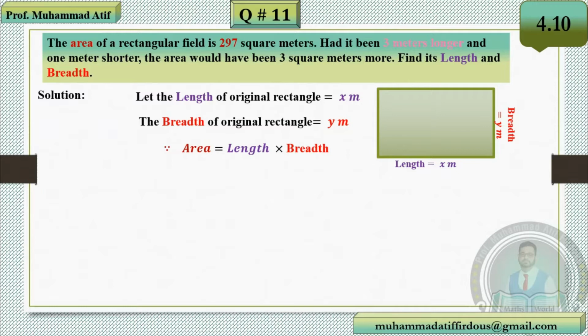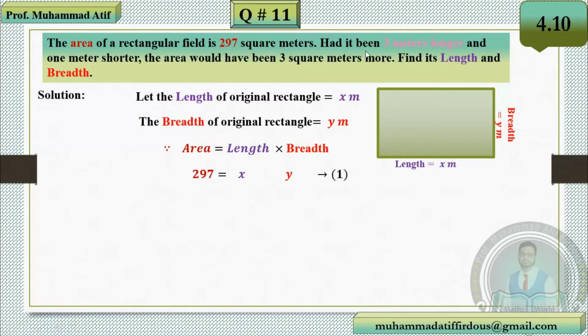We know that area is equal to length into width, or you can say length into breadth. So we have area 297, and in brown color you can see that your given area is 297. We suppose length is equal to x and breadth is equal to y. So we have equation number 1.